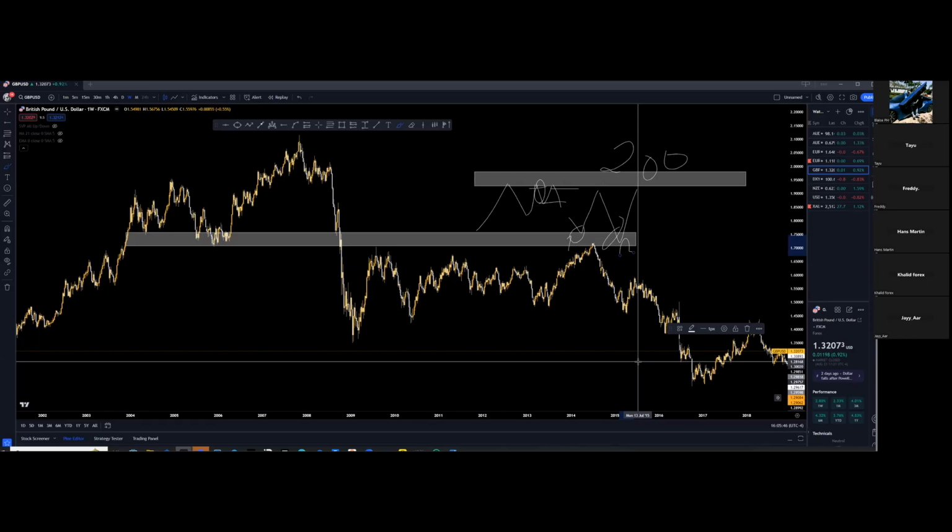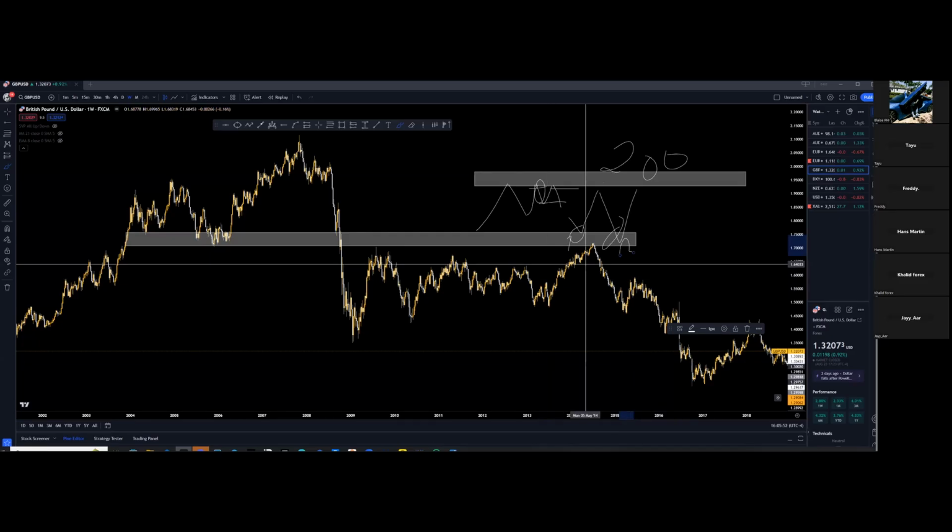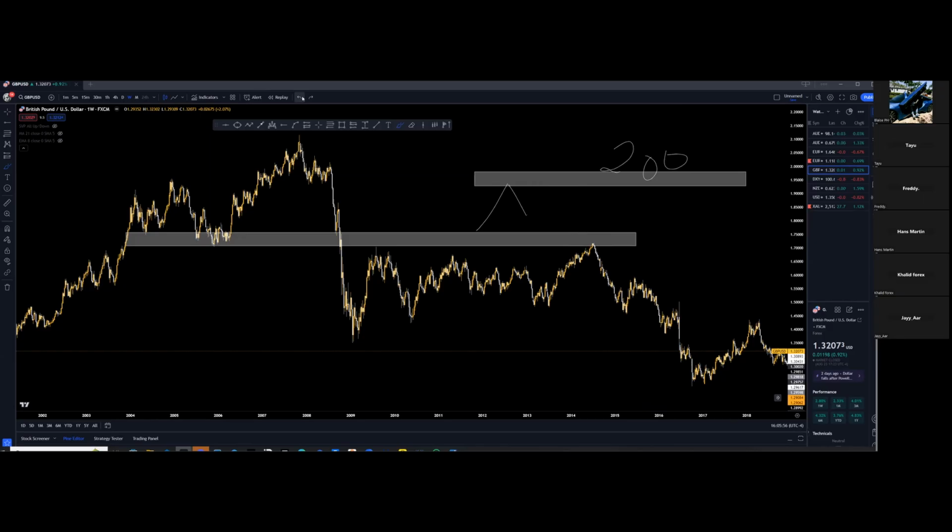The next number, 3 point, the time spent at the zone. If price approaches a zone and then it consolidates for a minute before it sells off, that tells you that zone is not as strong as it's supposed to be, or as you want it to be. The time spent at the zone.